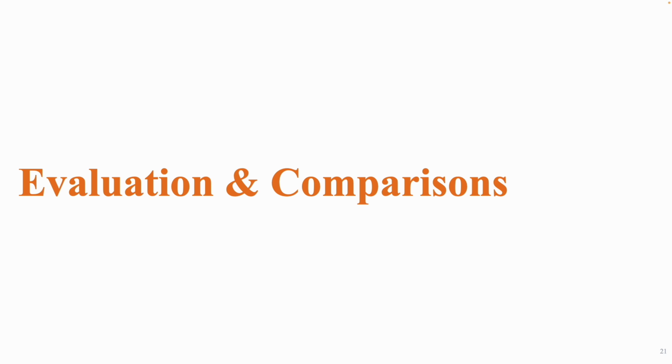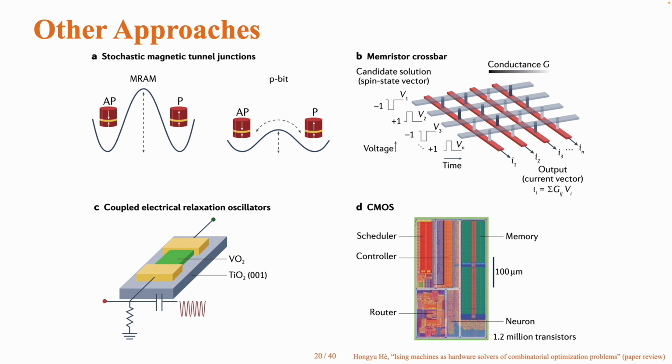Can I make a comment? Yes, please. It's very interesting that they introduced everything in the paper except the simplest Ising machine, the easiest to understand, which is a simple coupled oscillator Ising machine.